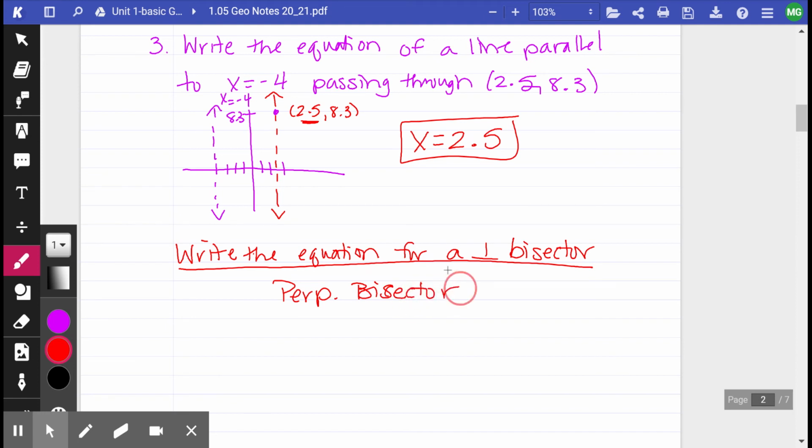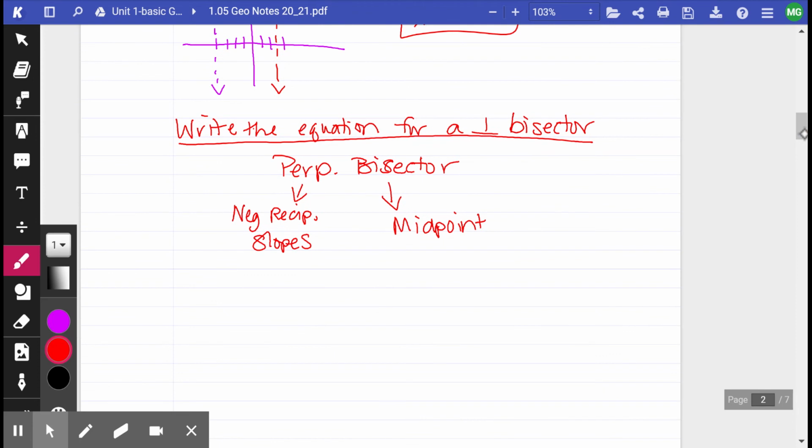For perpendicular, you're going to be thinking negative reciprocal slopes, so slope formula. And bisector, you should be thinking segment bisector, which gives you a midpoint. A segment bisector splits another segment at its midpoint.